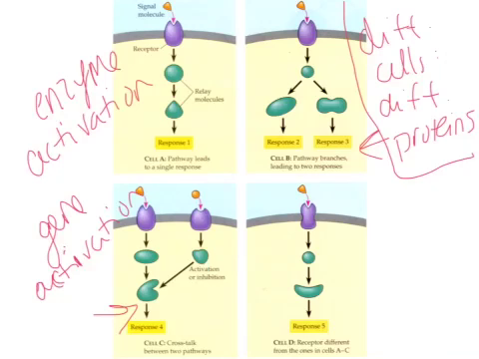You can have the same signal come in. For example, let's go back to epinephrine. Epinephrine, like I said, helps that fight or flight response. And so one of the things you need to do for fight or flight is you need to take in more air. And so epinephrine signals the tubes of your lungs, your bronchi, to dilate, to get bigger. And it relaxes the muscles that are in those tubes so more oxygen can come in.